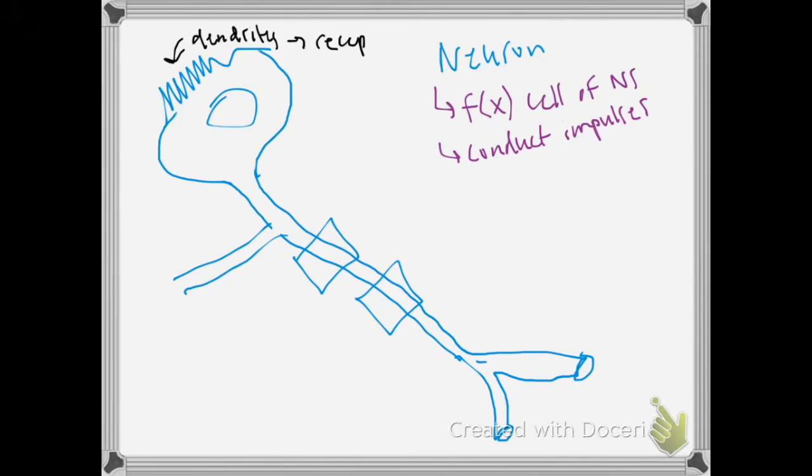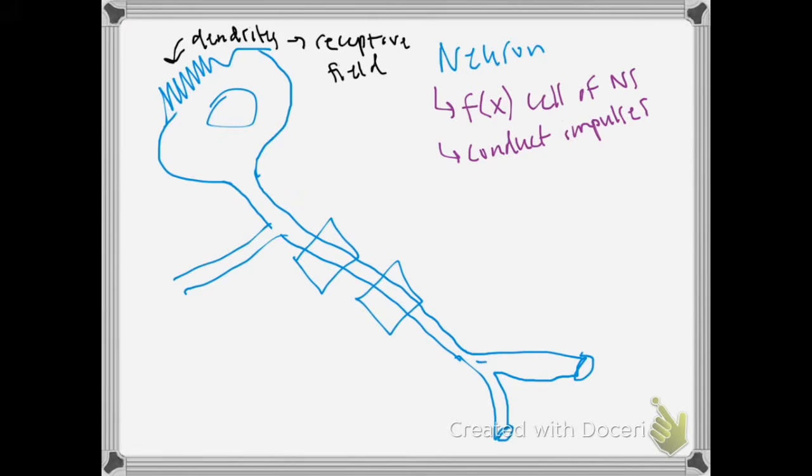So whether it's taking some sort of stimulus, like heat or pressure or temperature, and it's getting stimulated like that, or if it's a neurotransmitter that's going to be sending a message, either way, these dendrites are going to be the thing that's detecting whatever this stimulus is.